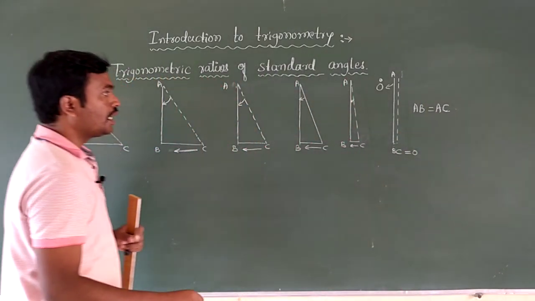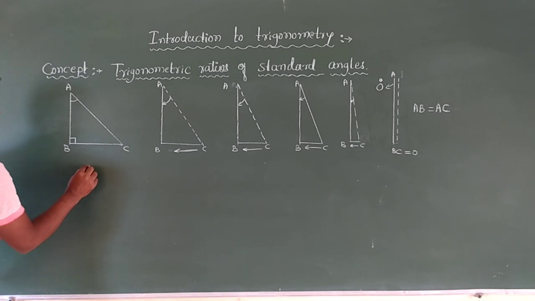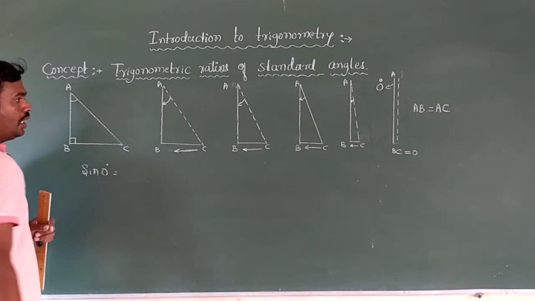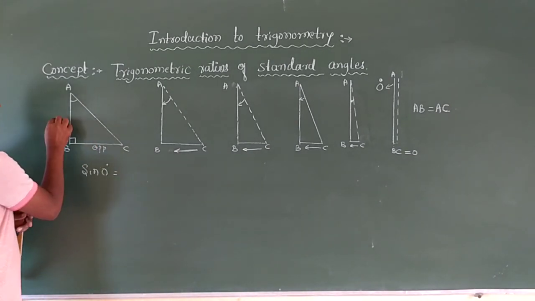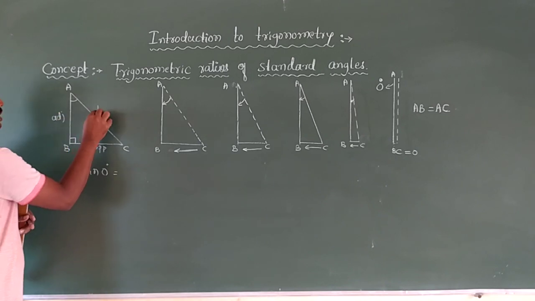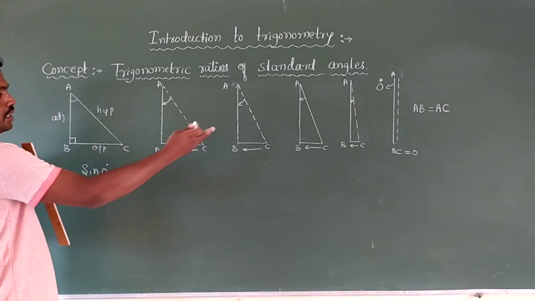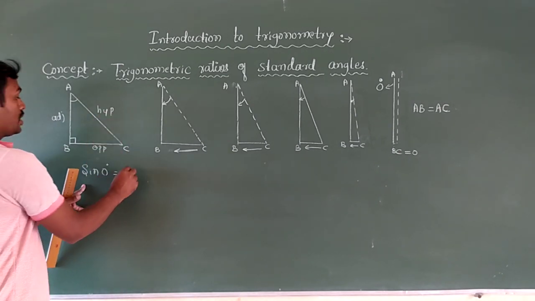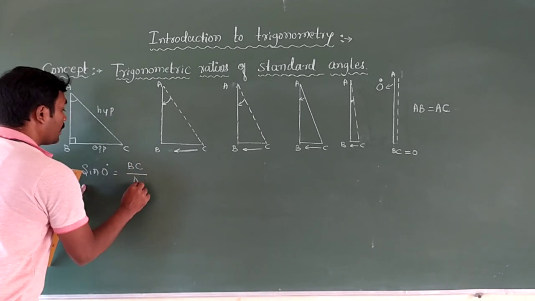So let us find sine 0 degree. I have taken this angle A. Here we have the opposite, the adjacent, and the hypotenuse. As we did before, sine is opposite by hypotenuse, so BC divided by AC.